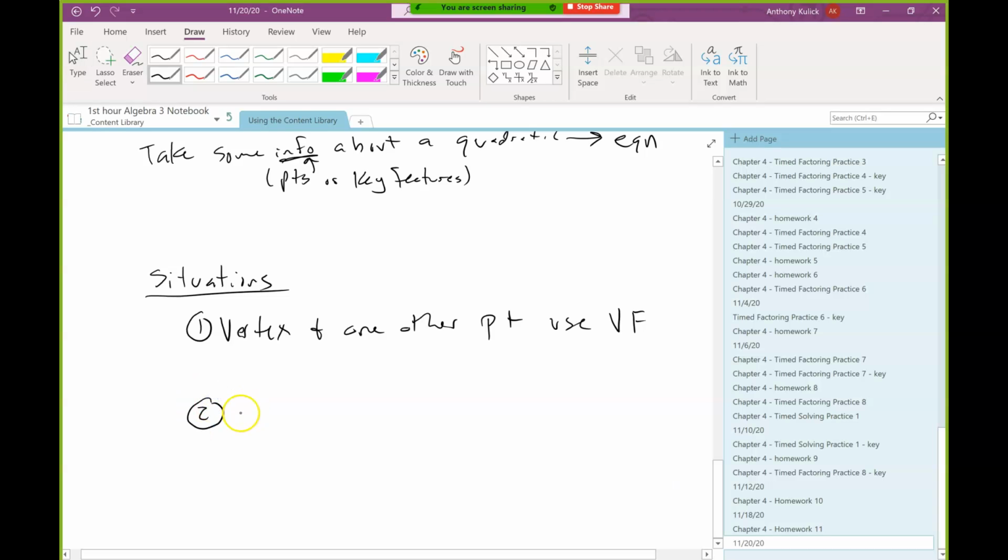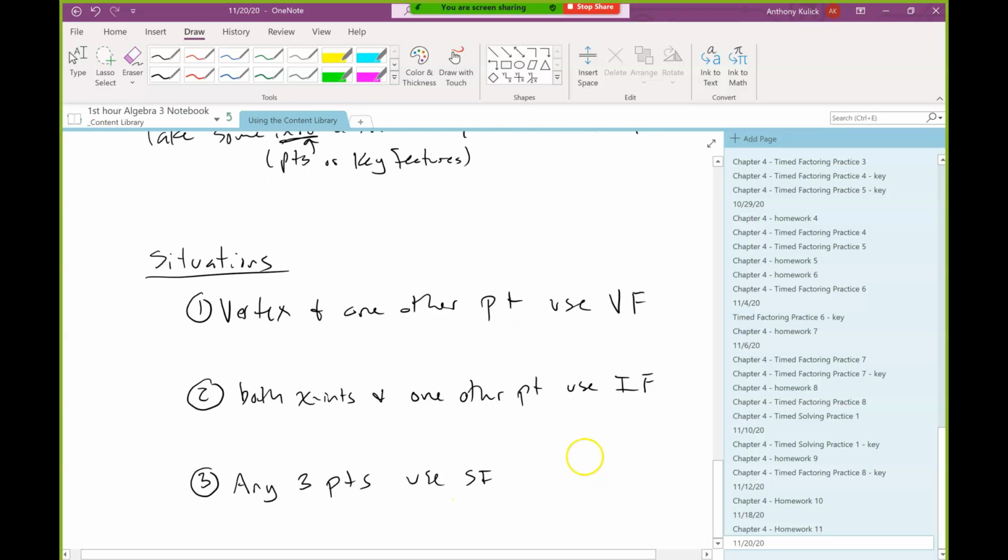If you have both x-intercepts and one other point, we're going to use Intercept Form. And the third situation is if you just have any 3 points that we don't know that they're x-intercepts, for example, we're going to use standard form.